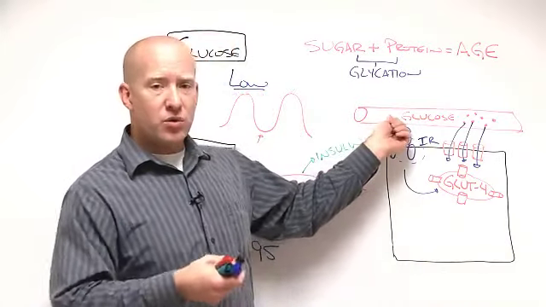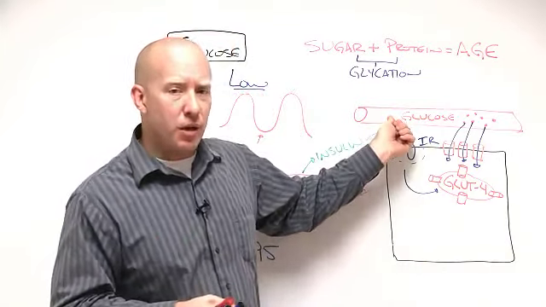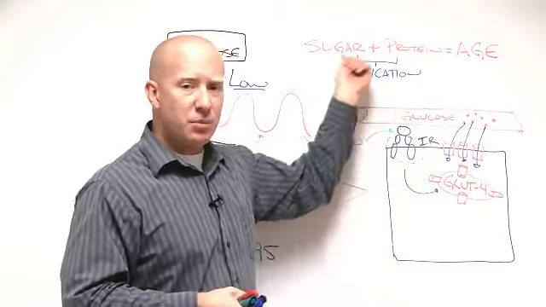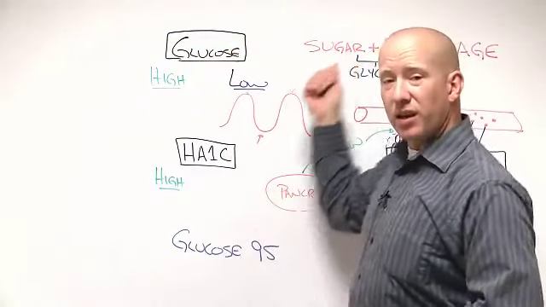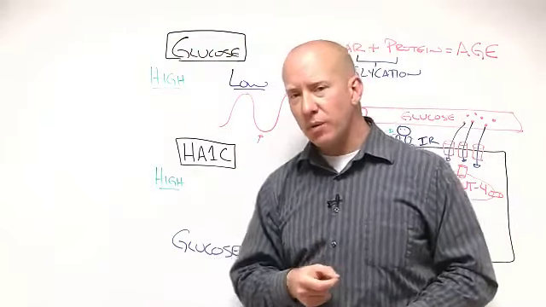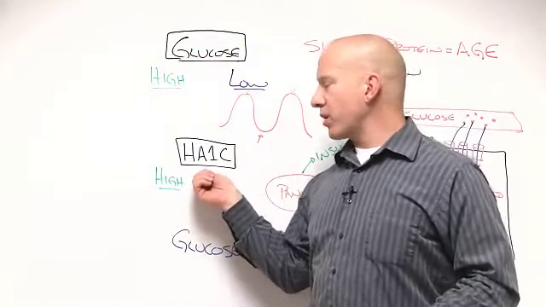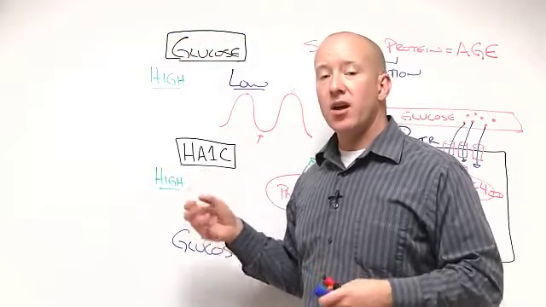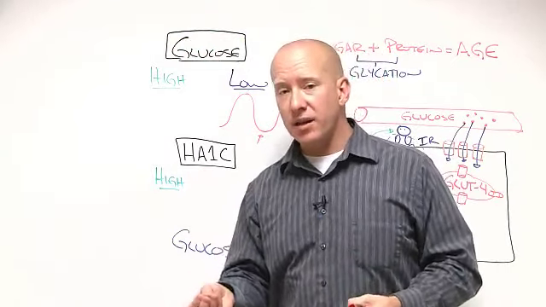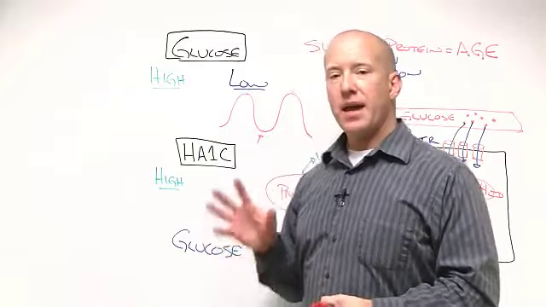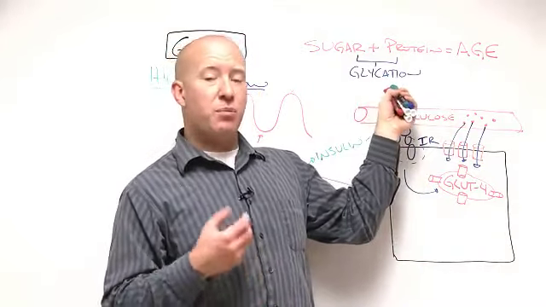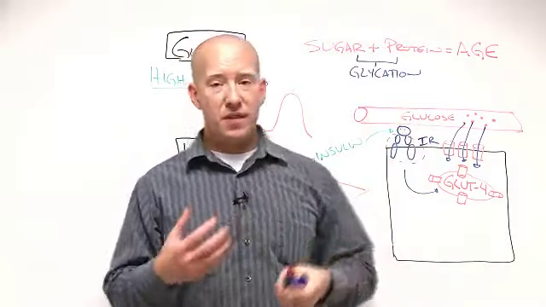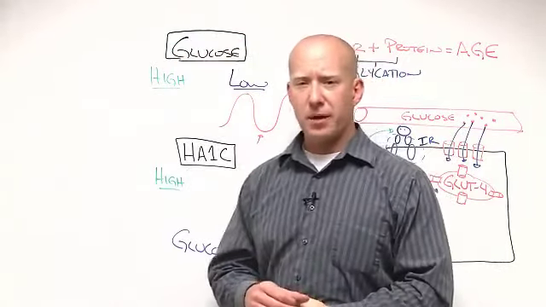The more glucose that somebody has circulating in their blood, the more this glycation process can take place, and if this protein is the protein found on hemoglobin, then what you get is this marker called hemoglobin A1C, also known as glycosylated or glycated hemoglobin. In other words, that means hemoglobin that has gone through this glycation process with sugar, or glucose, that's found in the blood.